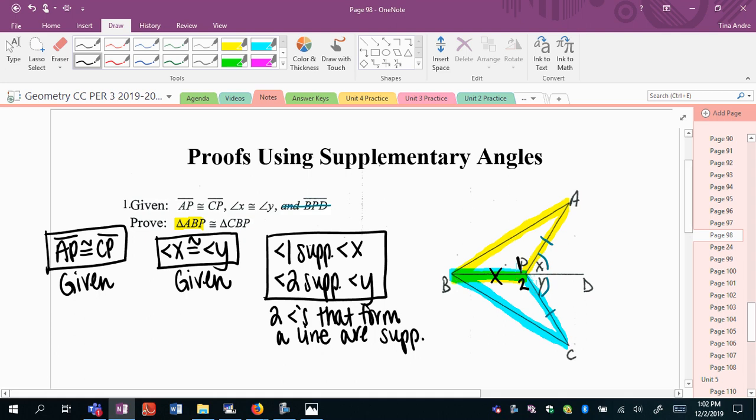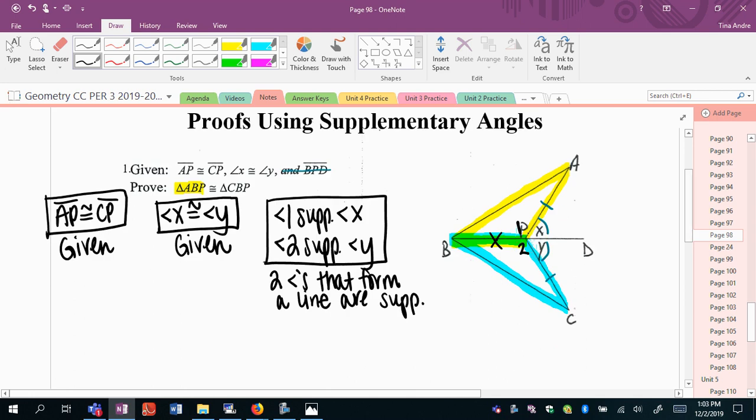And then the other thing I concluded from the picture was the reflexive property. That's a floating statement, because I was able to conclude it from the diagram. So this is reflexive.